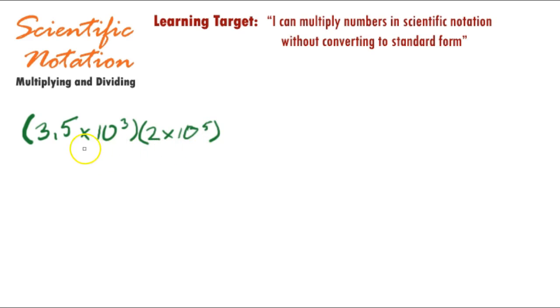Notice both are written in scientific notation. They would be pretty easy to convert if I wanted to, but we're not really going to do that. I'm going to convert them just to show you why it all works, but after that we won't convert them at all, and it is actually much more work to try to convert them first.